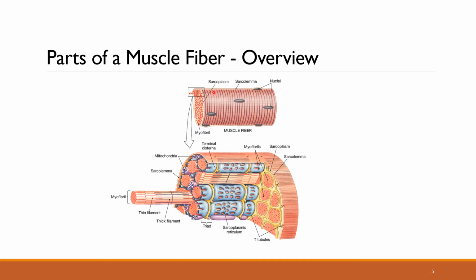The outermost covering is called as the sarcolemma, and you have nuclei on the muscle fiber. So a myofibril is enlarged and it looks like this. Okay, so you have the thick filament and the thin filament. This portion constitutes a sarcomere.